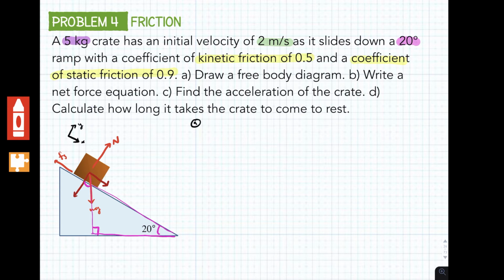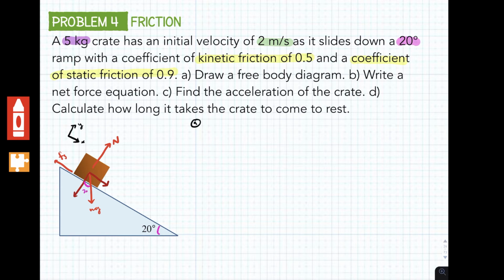That means this is 90, which means this is 90 minus 20, which is 70, which means since this is 90, this is 20. So all of that just to get the idea that this angle and this angle are the same.